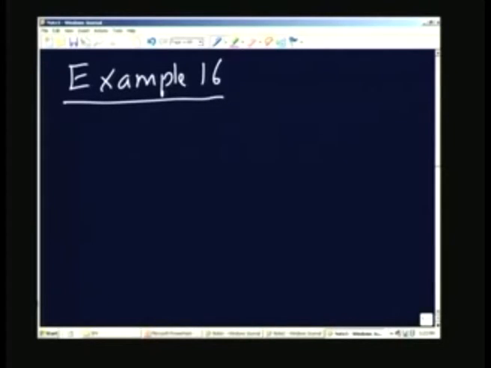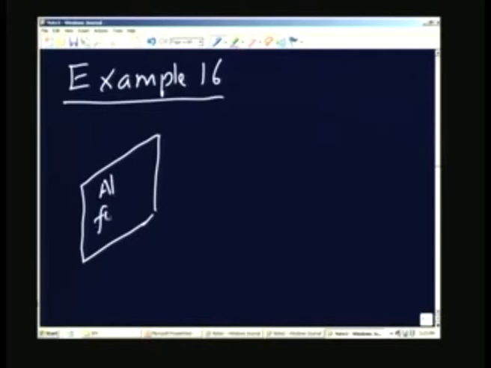This is example number 16, which I am going to indicate by looking at a simple case. I have a small foil type sensor.